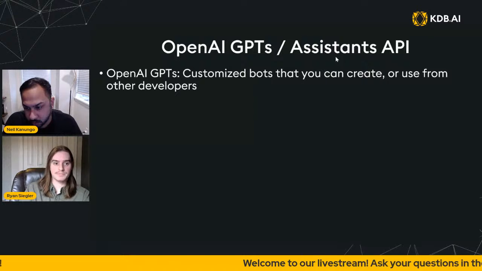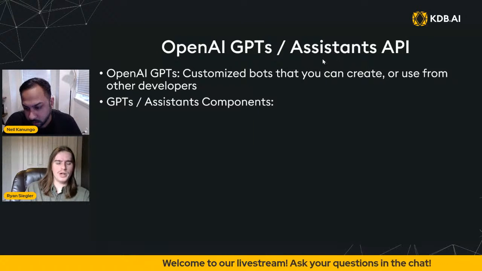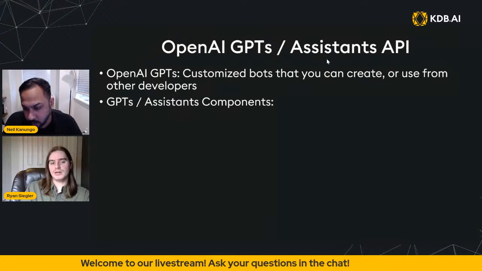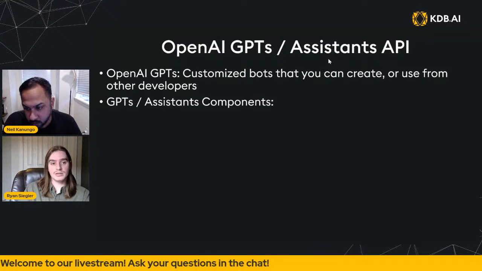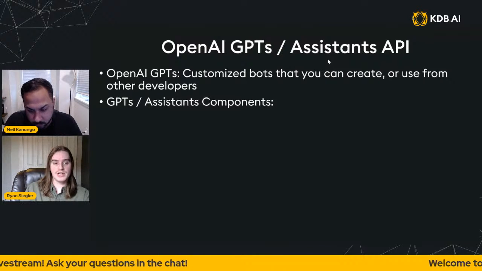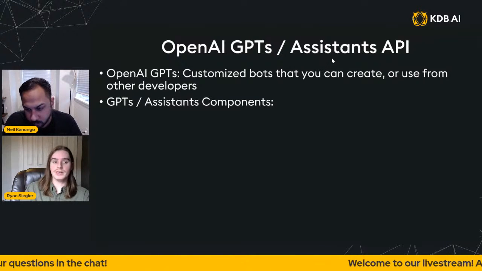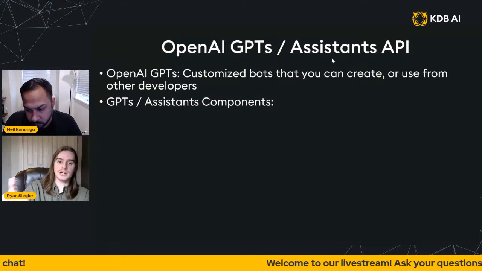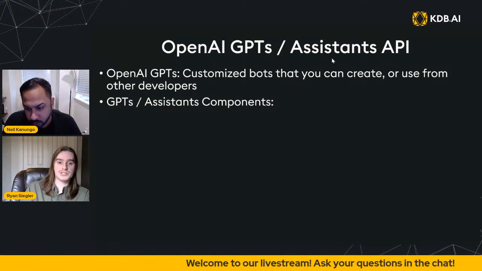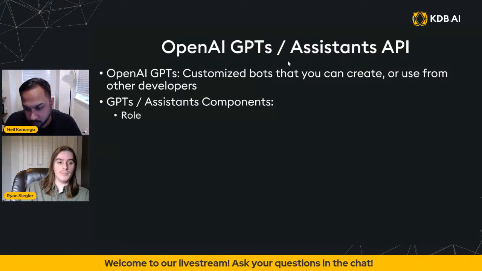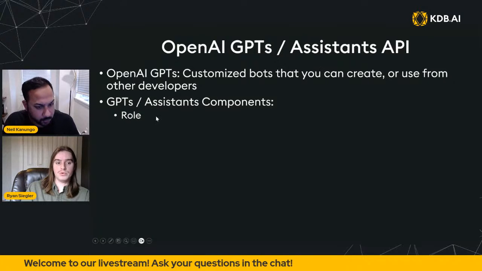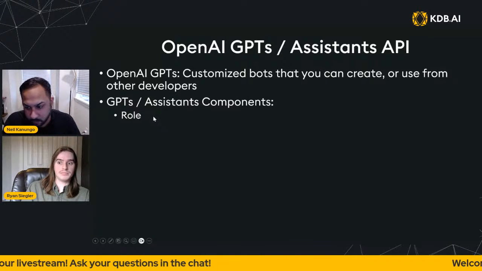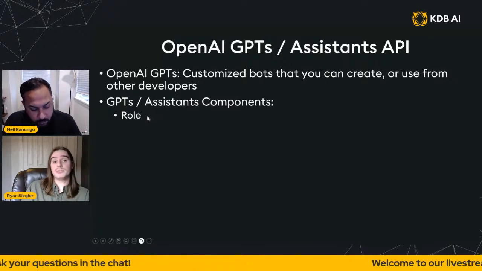So when you would be defining or creating one of these customized bots, there's a few different components that you give it, and this is going to relate to agents in a minute here. You would give it a role. What do I want you to be? Do I want you to be a data scientist?